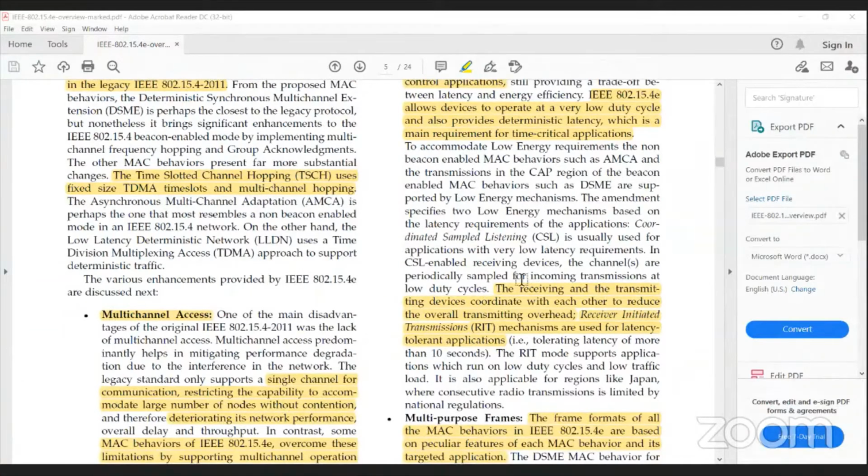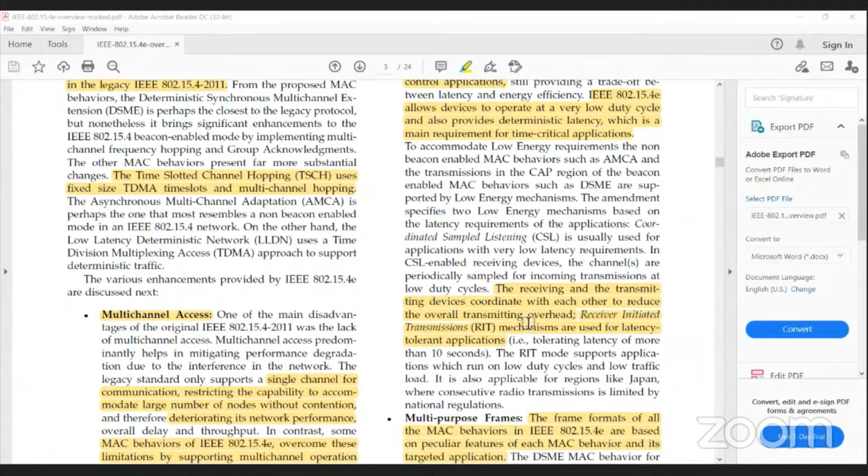Then there are other things out there. I didn't mark everything. The receiving and transmitting devices coordinate with each other to reduce the overall transmitting load. The way you do it is, if you have tight synchronization between the transmitter and the receiver, you can either do ACK-based resynchronization, or you can do transmission-based synchronization. Both are possible.